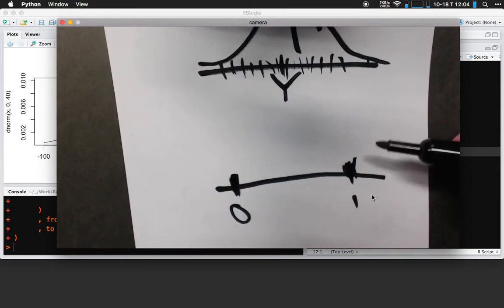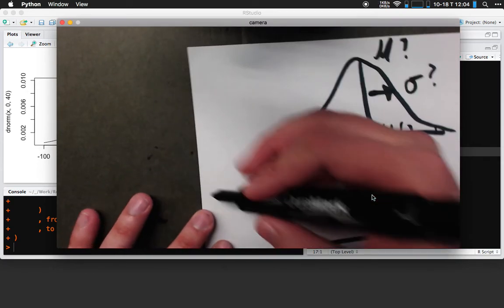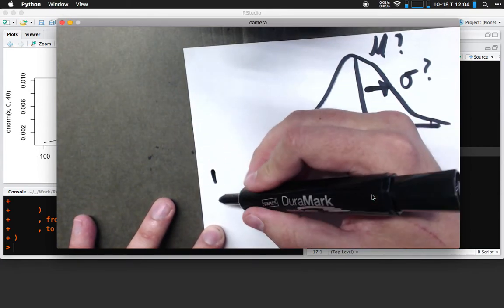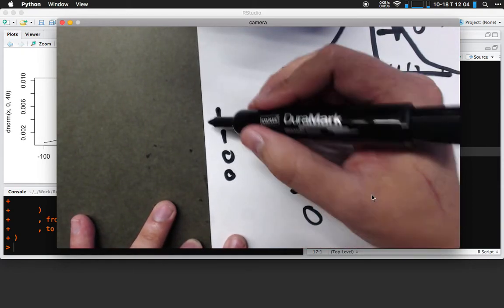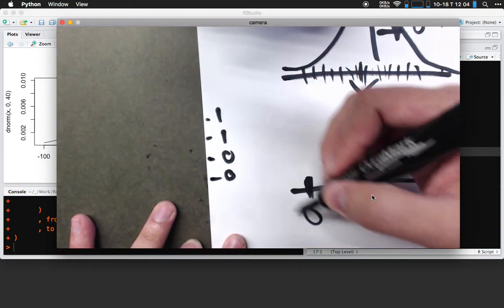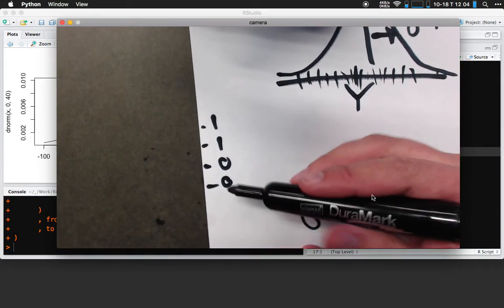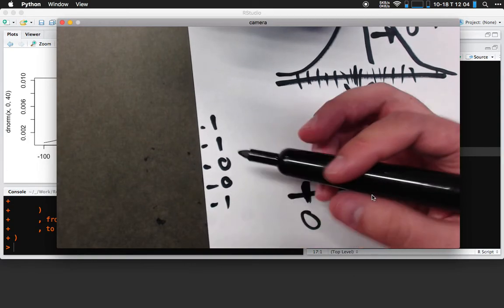It's easier to visualize this by having the data as: this person gives you a 1, this person gives you a 1, this person gives you a 0, this person gives you a 0. So it's sort of a data frame type format. Categorical data.